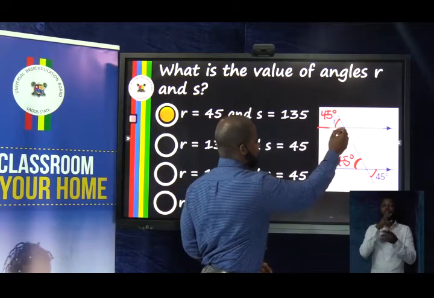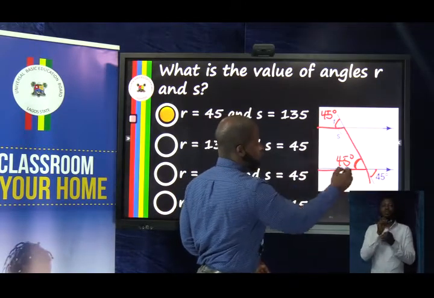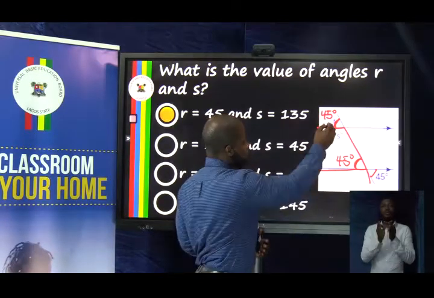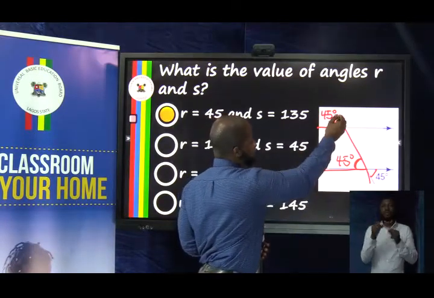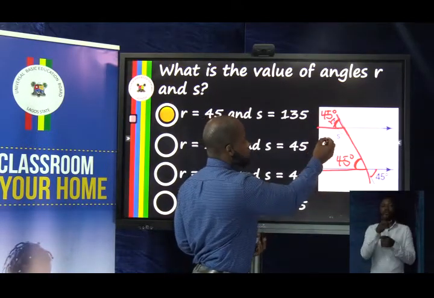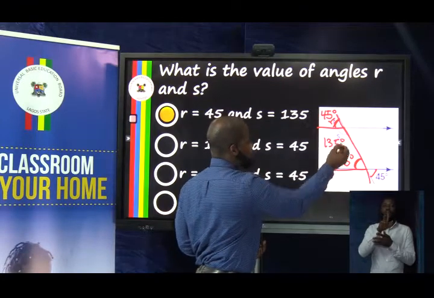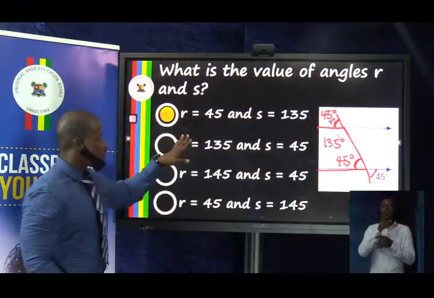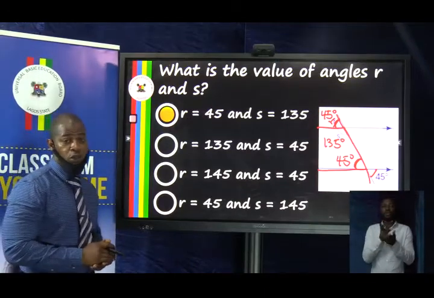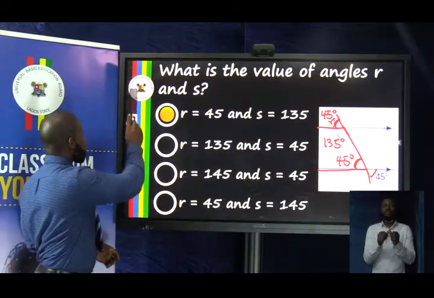This is the F. So if this one is above the line, the other corresponding angle will be above the line. That's R. Now, if R is 45 degrees, S is on a straight line with R. So you have to find the supplement of 45, and that is 135 degrees. So finally, R is 45 and S is 135 degrees. I believe that is what you got as well. Let's move on.